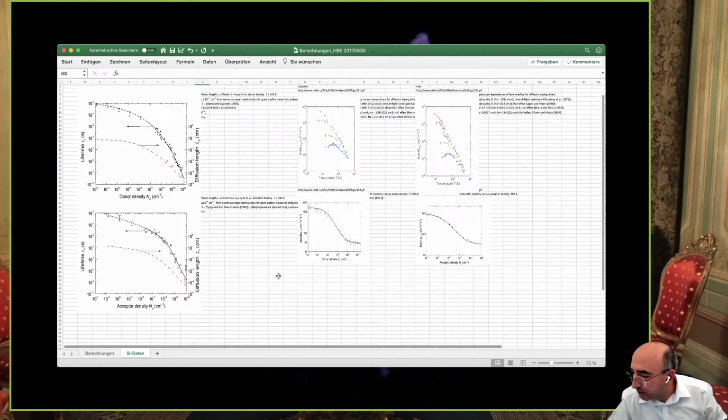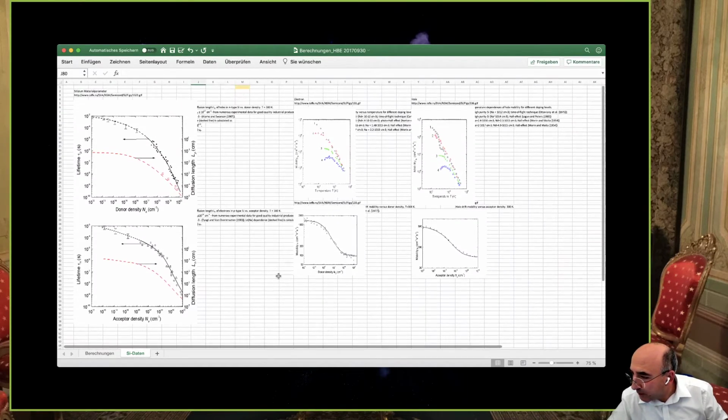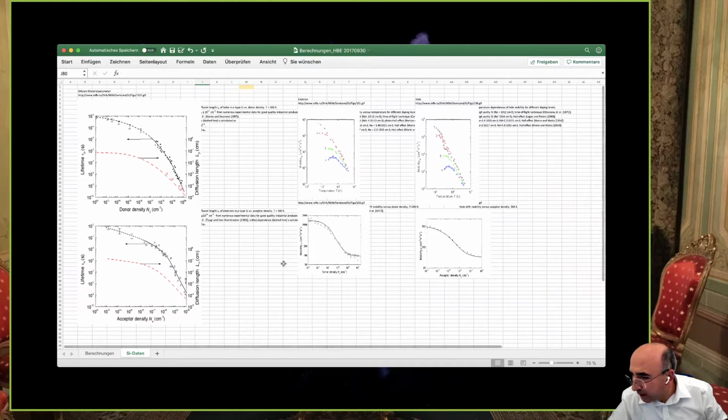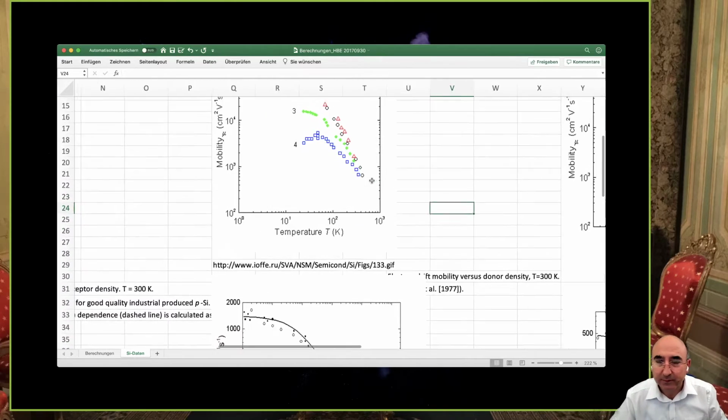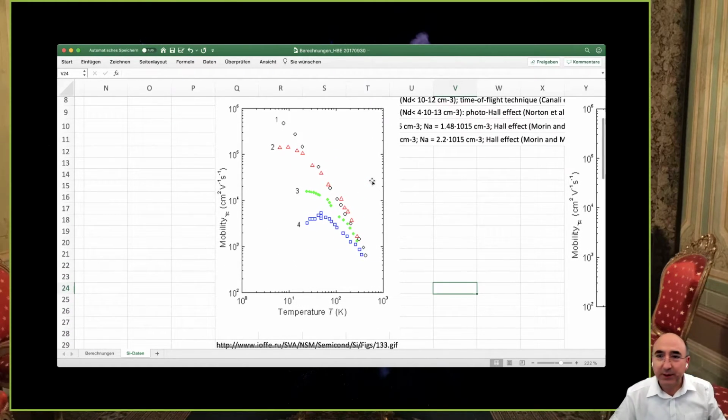One moment. I haven't put it here. Oh, lifetime, it's not the same. I have the results here. You see this? So the mobility is a function of the temperature.